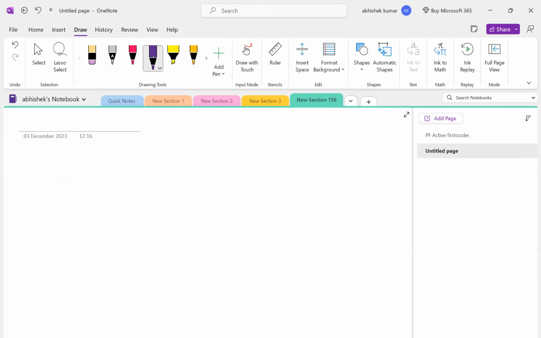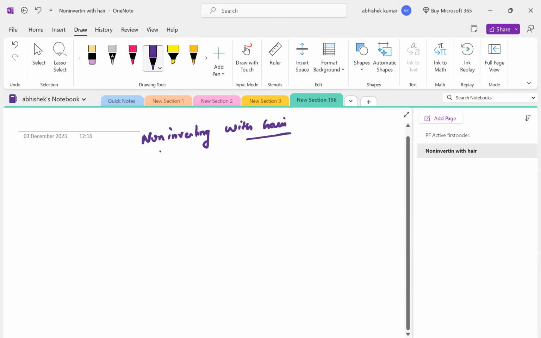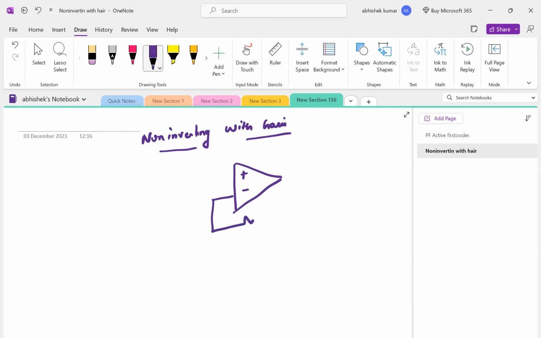Just for information, I'm sharing some ideas in case they ask the other question also. Non-inverting with gain means at the top you have to have the resistor, because feedback has to be sent.